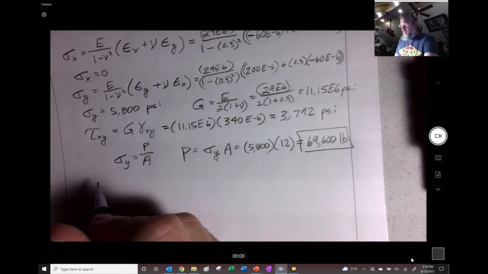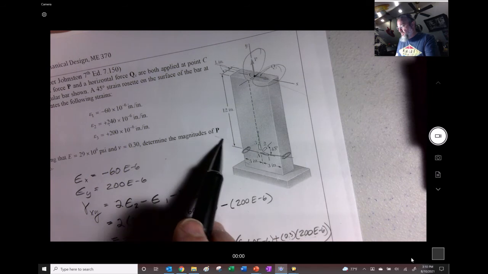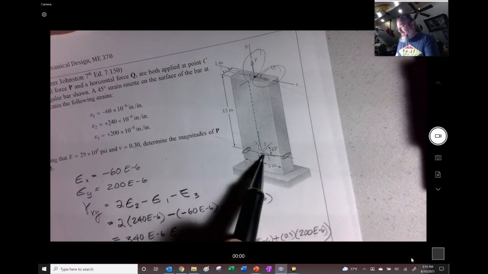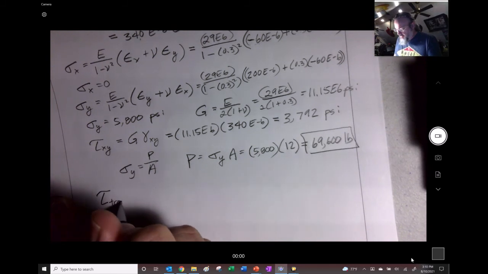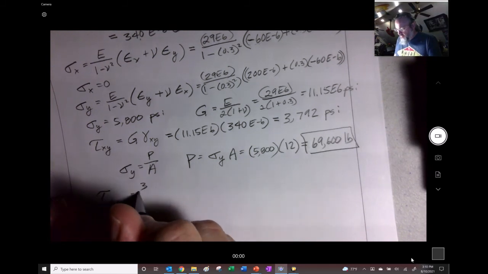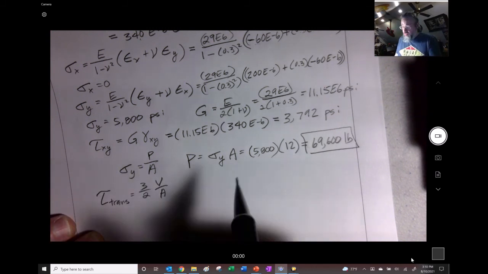But in a rectangle, like in this situation, and that's the force that's passing along the side of this thing, right? That's going to be tau max is 3/2 V over A. In this case, they're calling it Q right there.